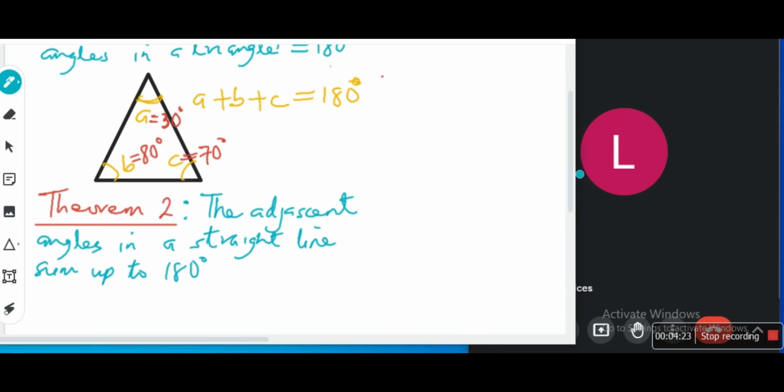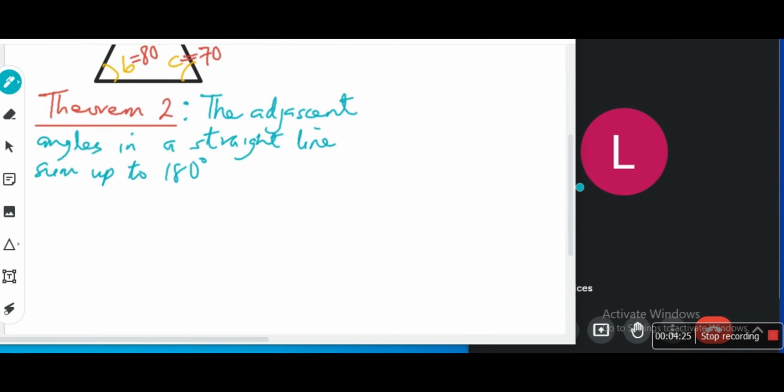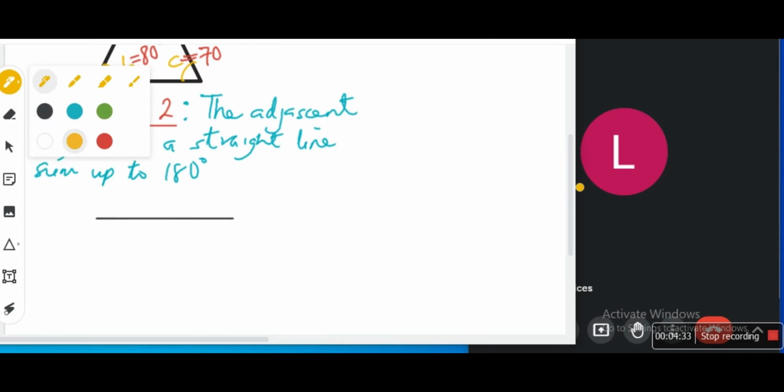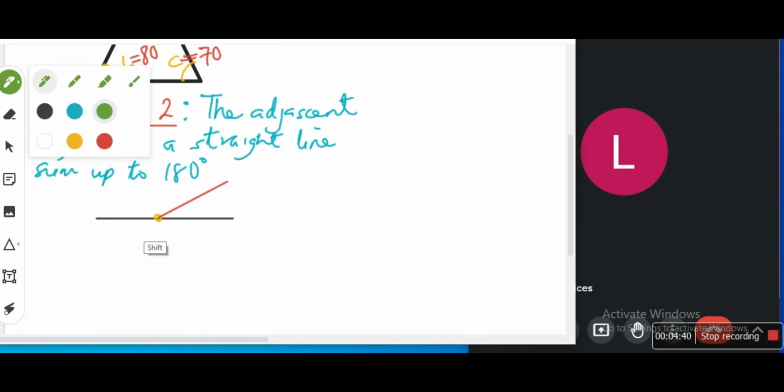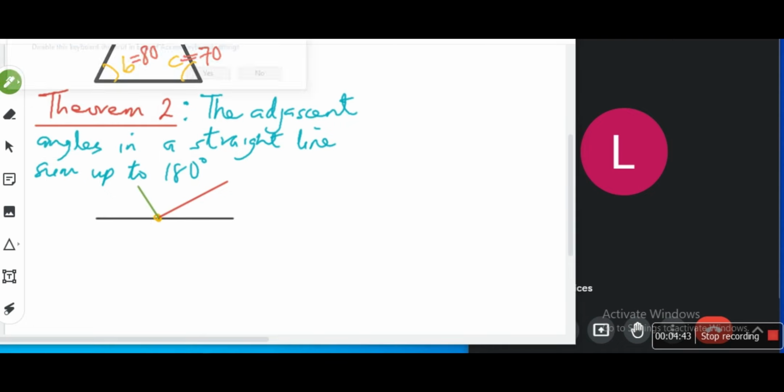So adjacent angles means if you have a line, for instance, we have this line, all the angles that meet at a point coming out from this same point, all the angles formed, are adjacent. In other words, they are side by side. So this angle, this angle, this angle are all on this same straight line. So the adjacent angles on a straight line sum up to 180 degrees.